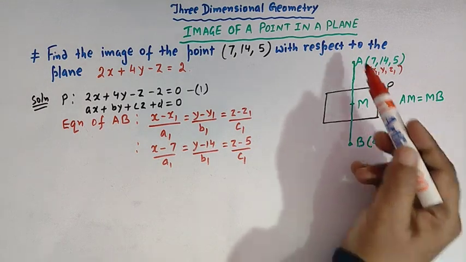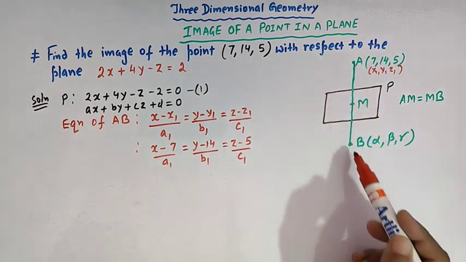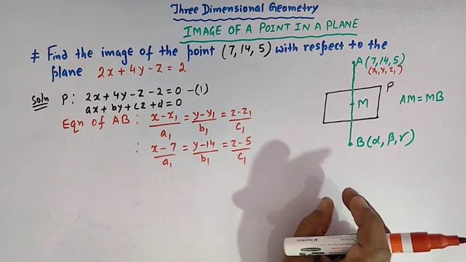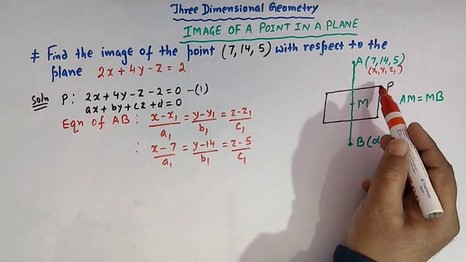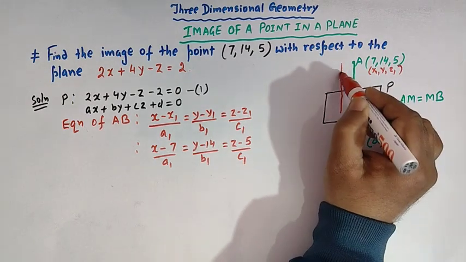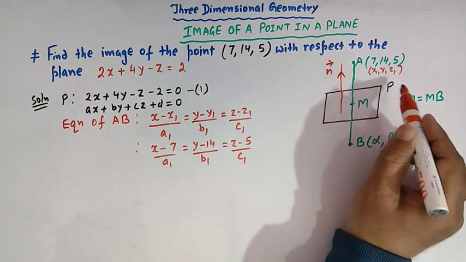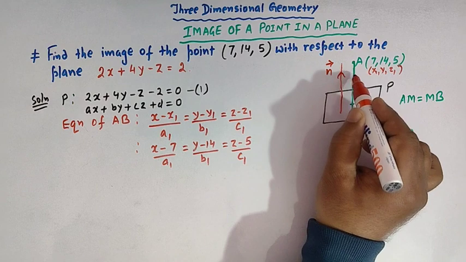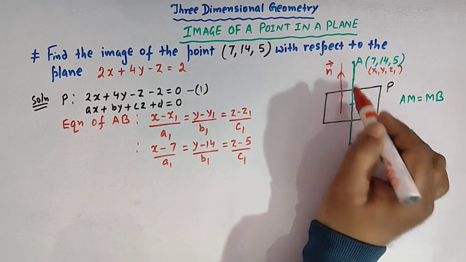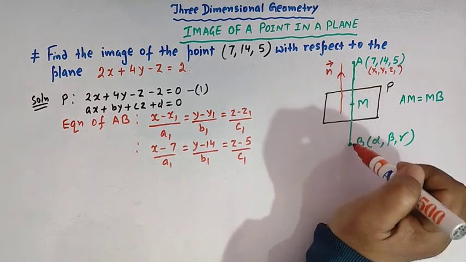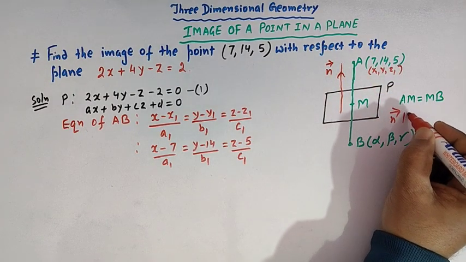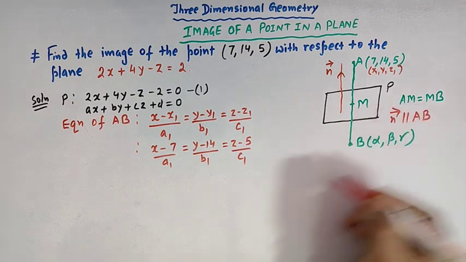We do not know the direction ratios of this line AB, so for this we'll utilize the concept of the normal vector to this plane P. The normal vector to this plane P is like this. This normal vector is perpendicular to this plane P, and this line AB is also perpendicular to this plane P, and therefore this vector n is parallel to this line AB.